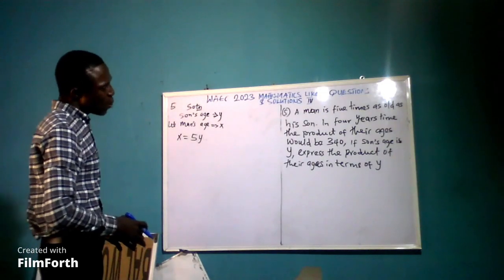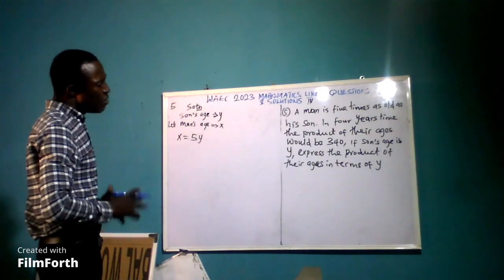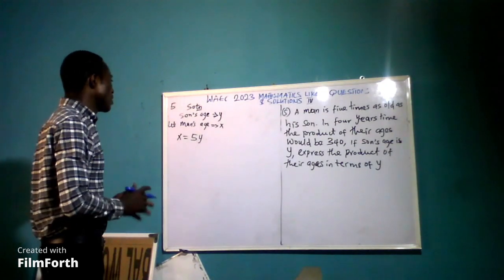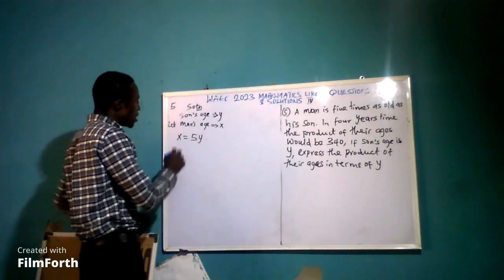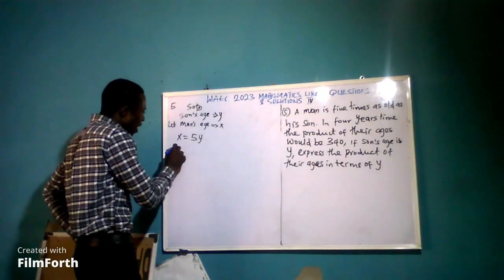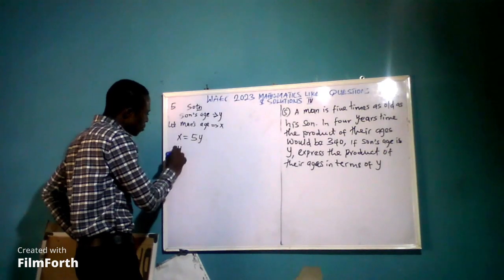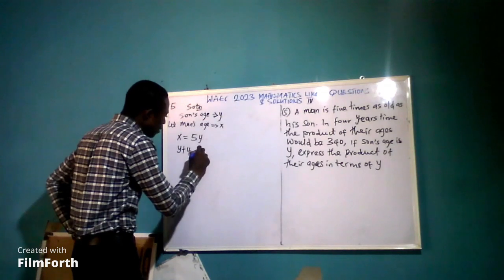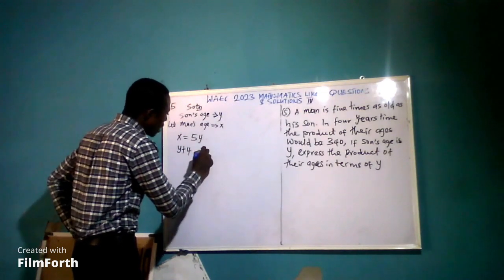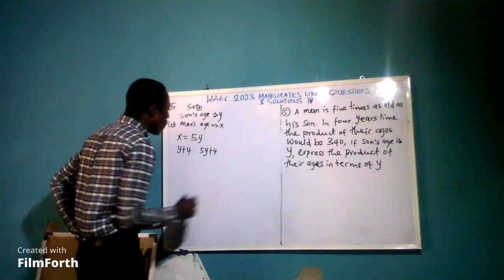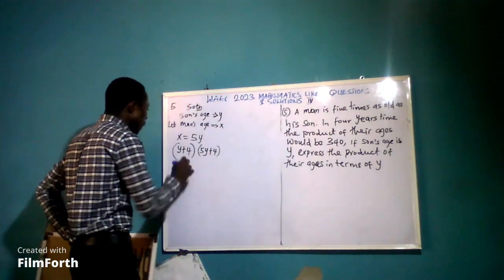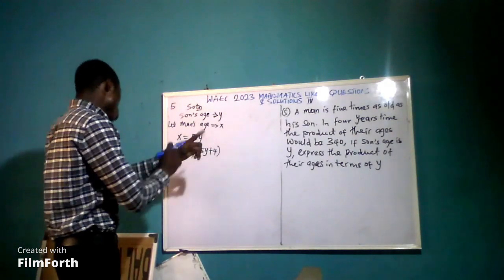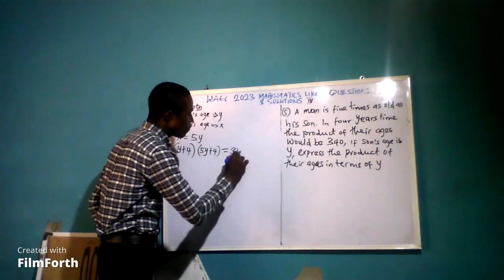Furthermore, in 4 years' time, the product of their ages would be 340. That means in 4 years' time, the age of the son plus 4, and the age of the man, which is 5y plus 4. Taking the product, that's what it means. In 4 years' time, the product of their ages would be equal to 340.